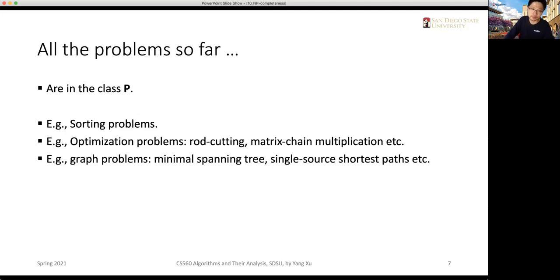Like the sorting problems, the optimization problems, the graph problems, we all have a clearly defined running time upper bound that can be bounded by some polynomial functions.